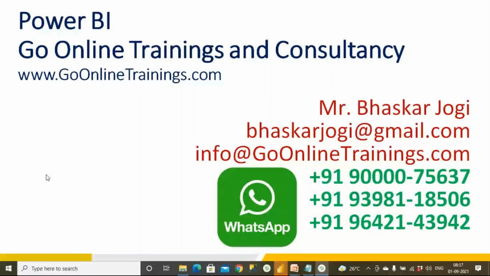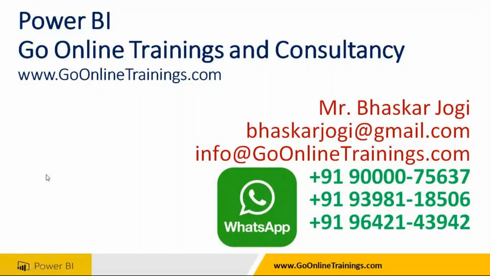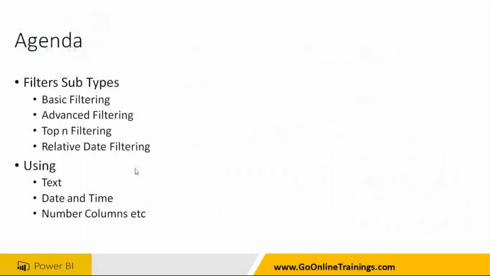Today we'll discuss some more filtering options. We had seen a couple of filterings, right? Visual level filtering, page level filtering, report level filtering, and we had seen drill through filtering.